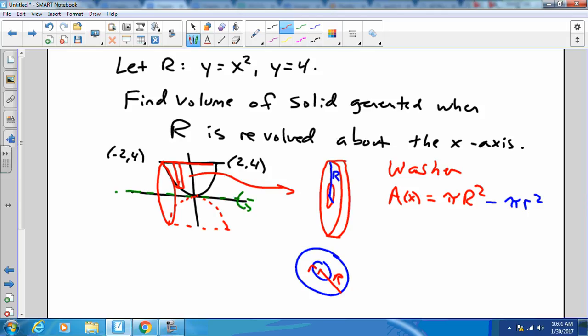So if I do a top view of my washer, so that I have a big radius like so, and a little radius like so, then I'm picturing this as taking the entire area of the outer circle and subtracting away the area of the inner circle.